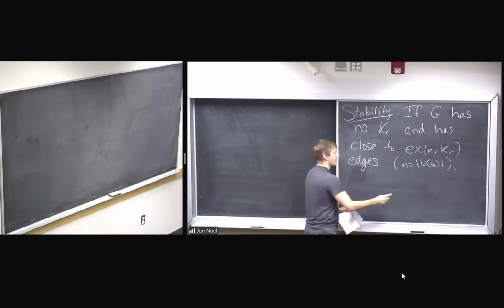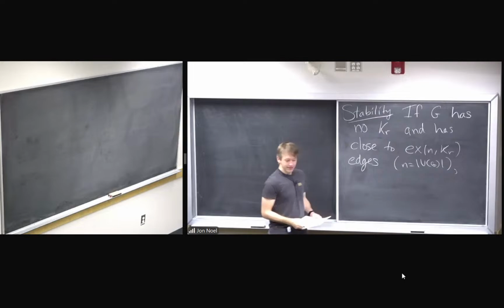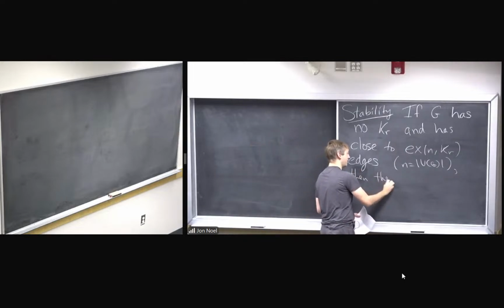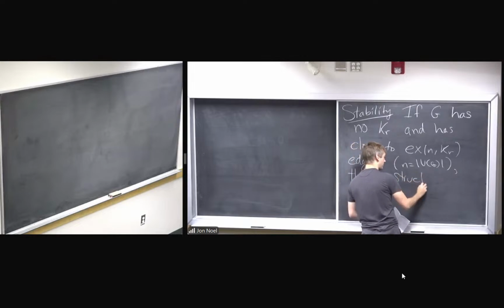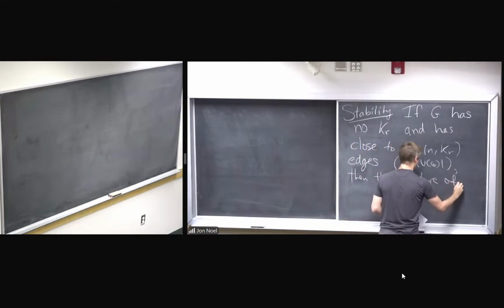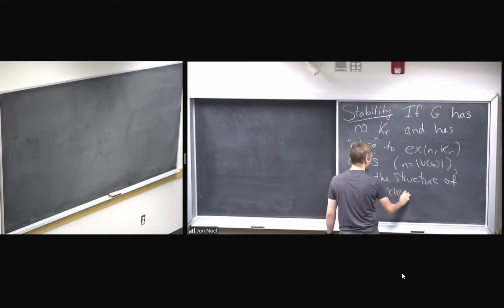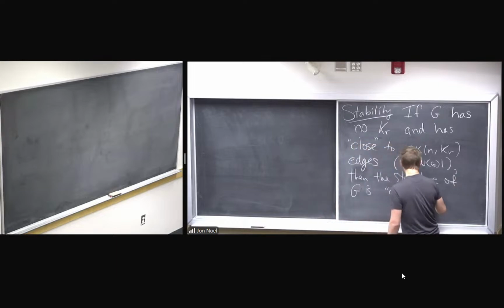Then what we want to show is that the structure of G is close to an extremal example.